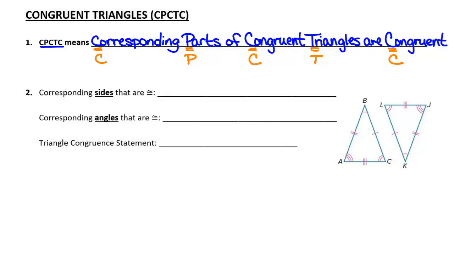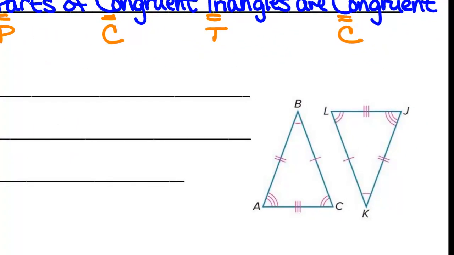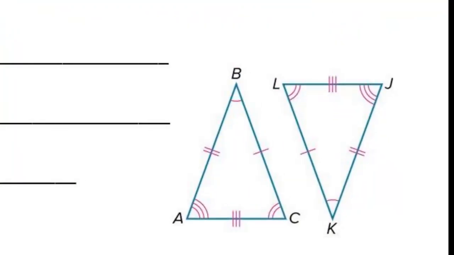So looking here at number 2, I've got 2 triangles that are marked up with congruences. We have congruence marks on the sides, and we have congruence marks in the angles. I want to go through and name the corresponding sides that are congruent. So I'm going to look at my first triangle here, triangle ABC. I notice that this side right here has 1 congruence marking on it.